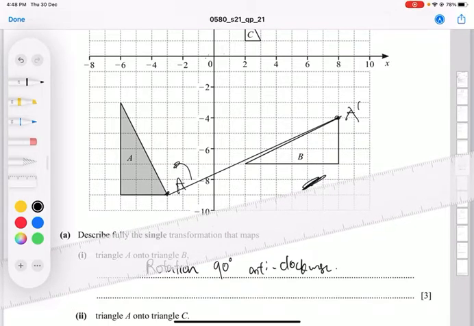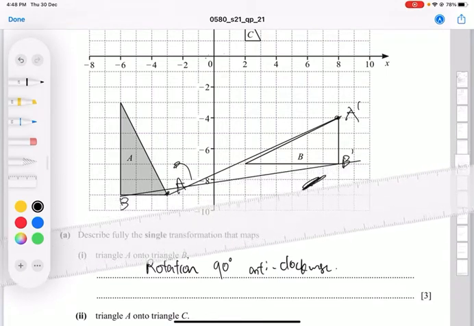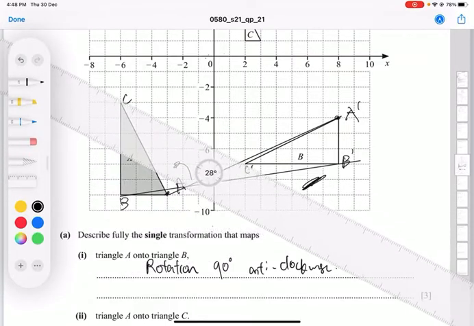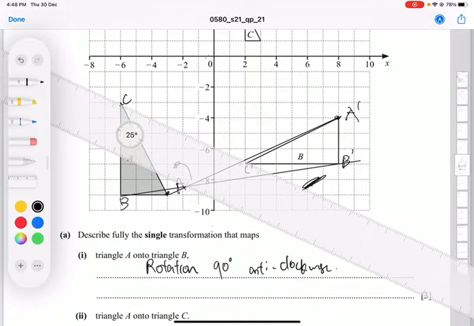And then let's say B, it rotates, it becomes this B prime. So draw a straight line to match these two. And then finally C and C prime, draw a straight line to match these two.